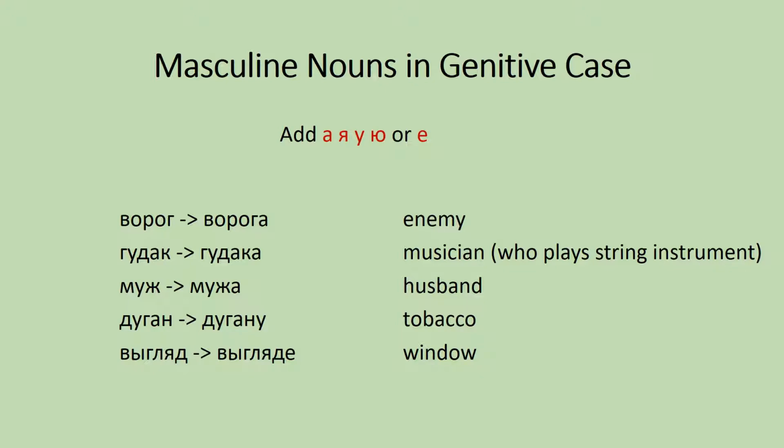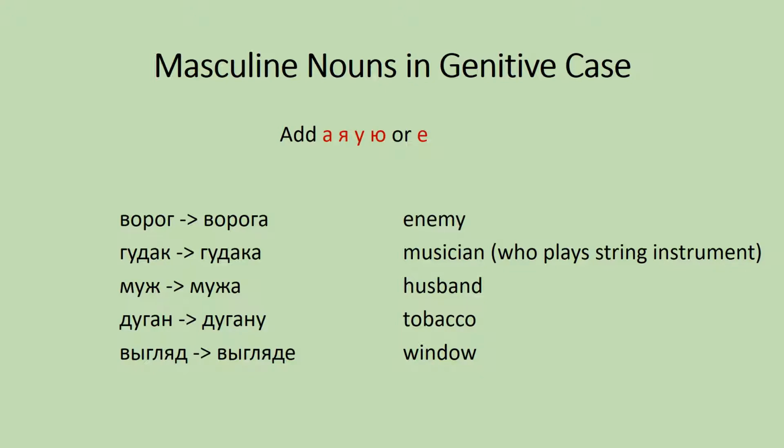Muj, meaning husband, becomes muja. Duhan, meaning tobacco, becomes duhanu.